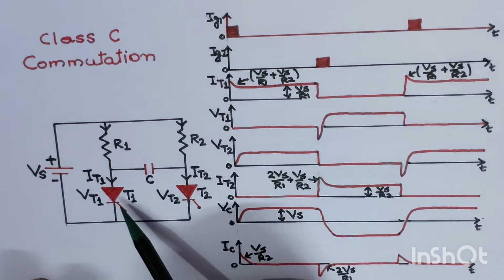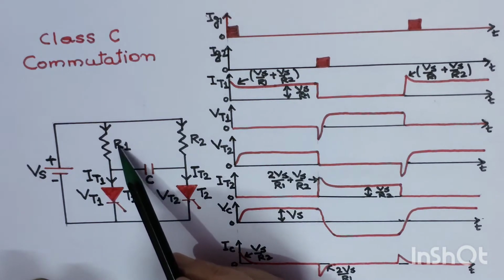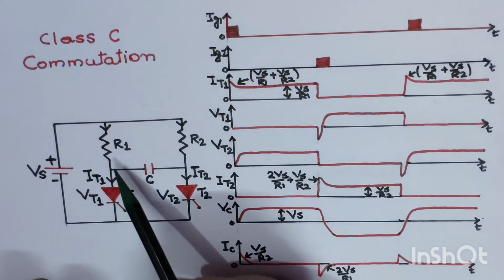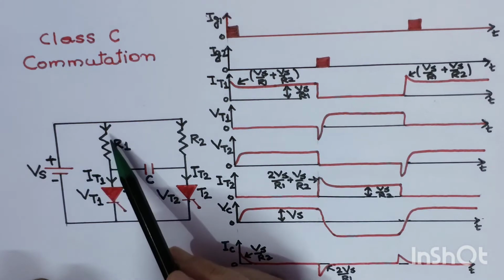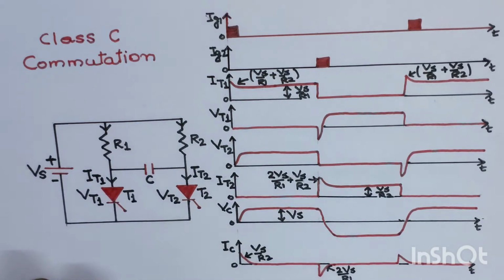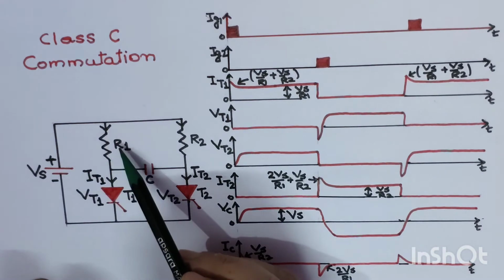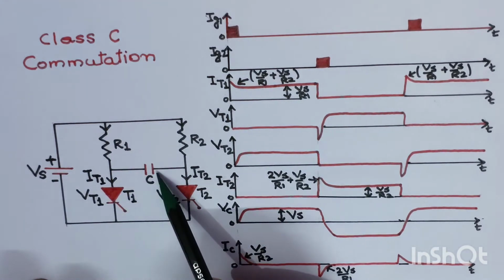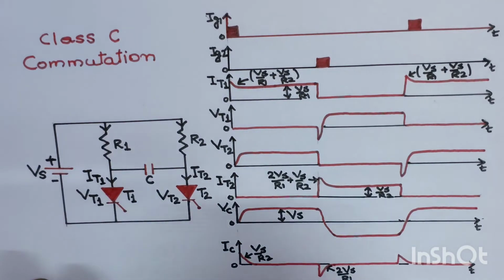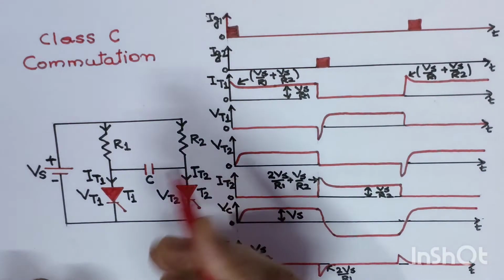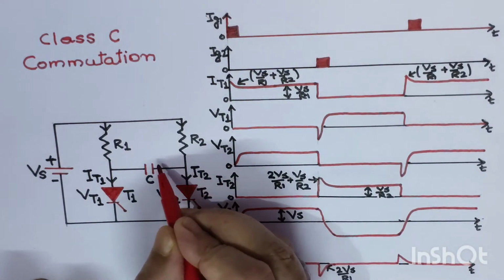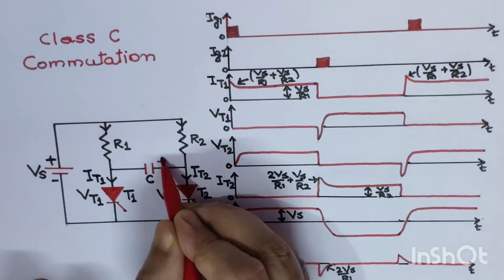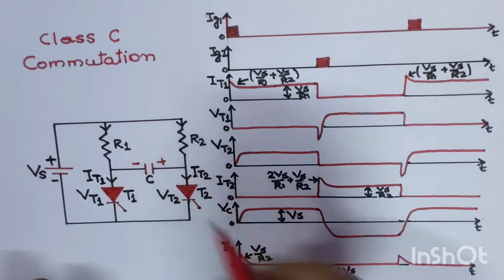In that situation only one current will be flowing across the thyristor T1, and that current will be through resistance R1. It means current Vs upon R1 will be flowing across the thyristor T1 when capacitor C is fully charged. In this condition the polarity of the capacitor will be plus on this side and minus on this side.